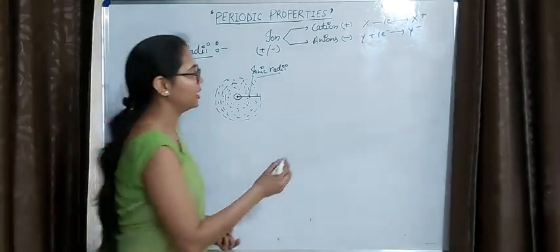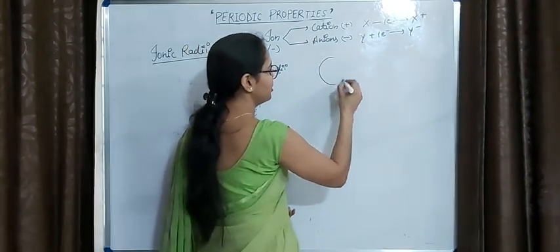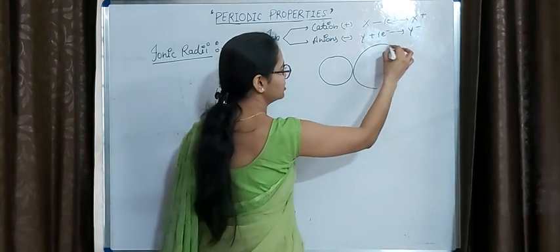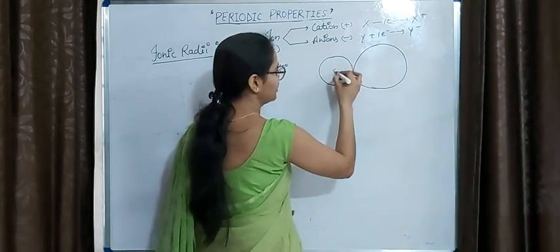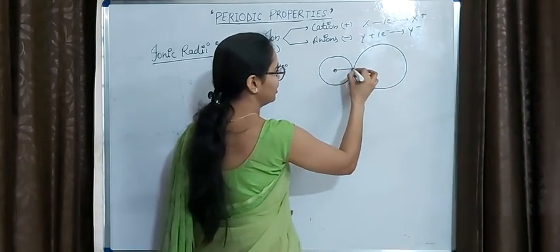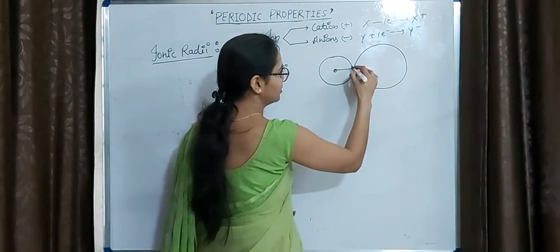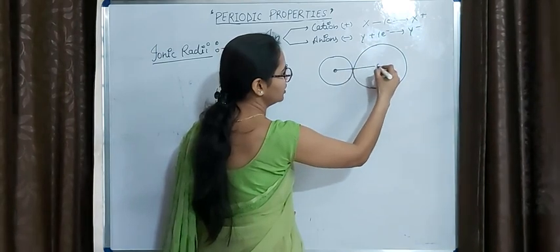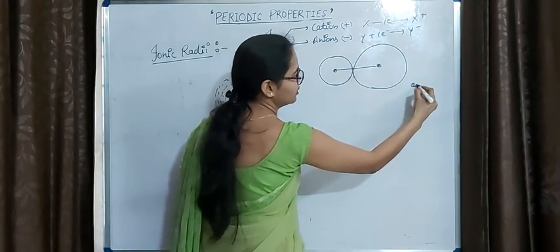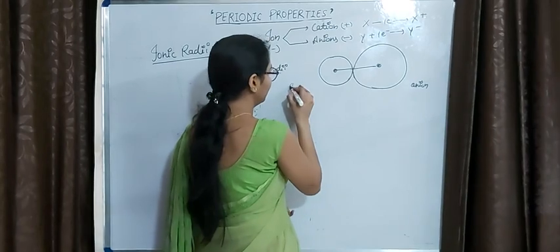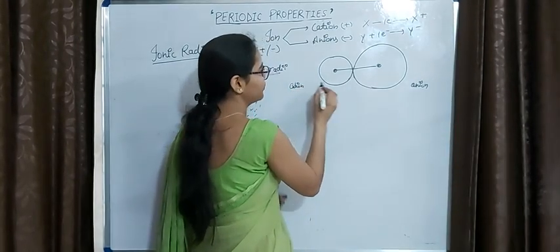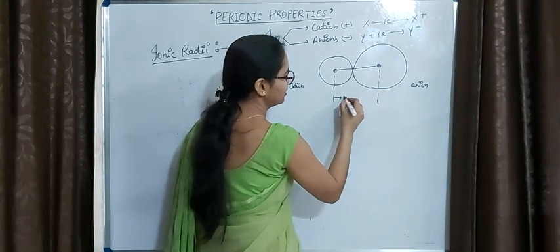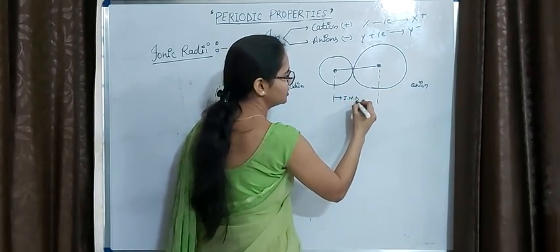So let's talk about that method. In this method, suppose this is one cation and this is one anion. This is the nucleus of cation and this is the nucleus of anion. This is anion and this is cation. And this is the internuclear distance.